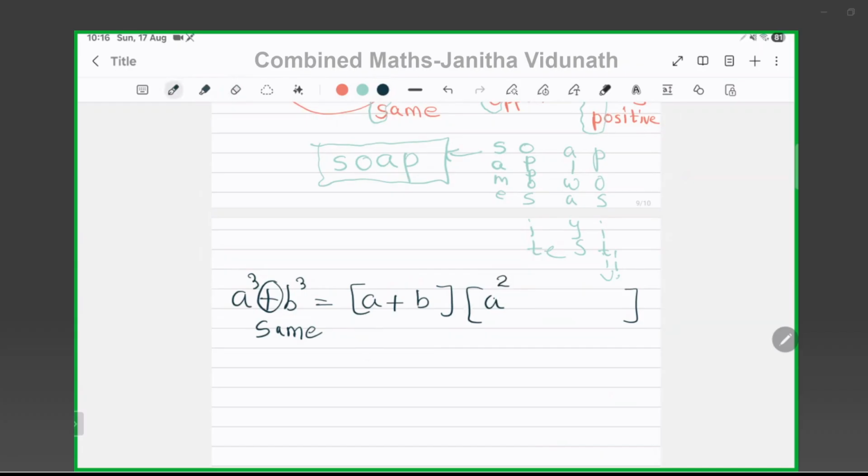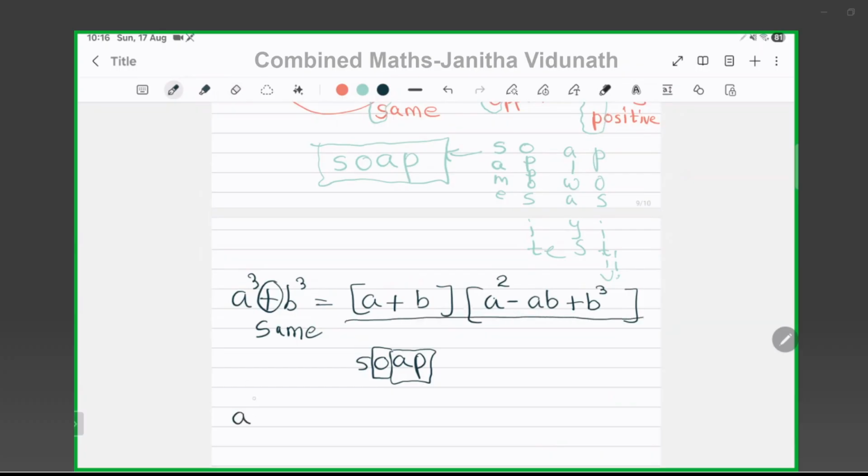After that, our SOAP method says the second sign must be opposite. Then the second sign must be minus. Then we have the ab term. Then our shortcut method says the last sign must be always positive. Then we can factorize this as simply this.